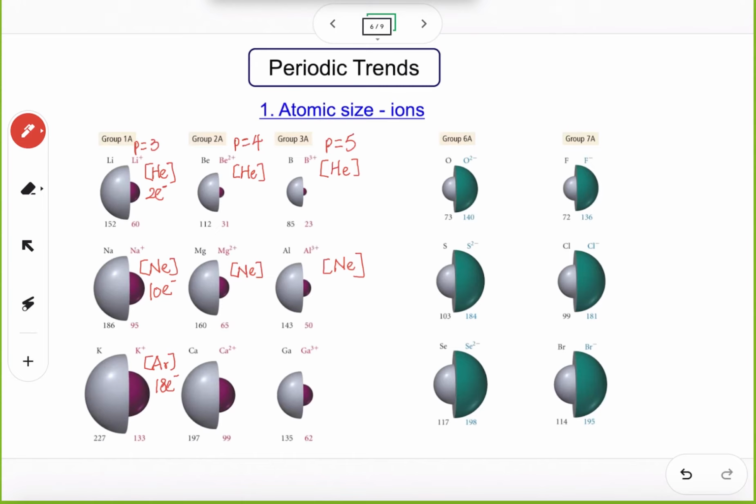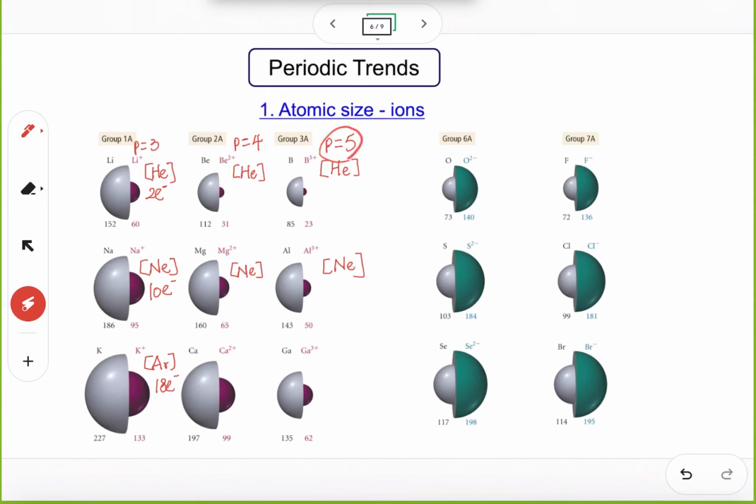Well, you think about it now, although they have the same number of electrons, they have different numbers of protons. And the more protons you have, the greater attractive force those electrons will experience. In other words, when you go from lithium+ to boron 3+, the 2 electrons will experience greater and greater attractive force from the nucleus, because lithium+ has only 3 protons, but boron 3+ has 5 protons.